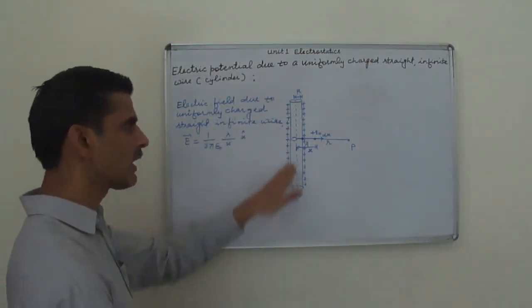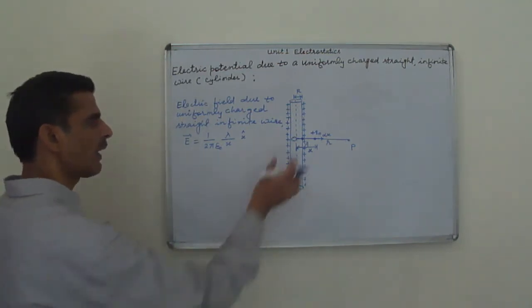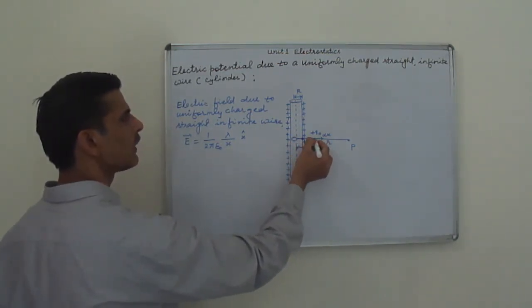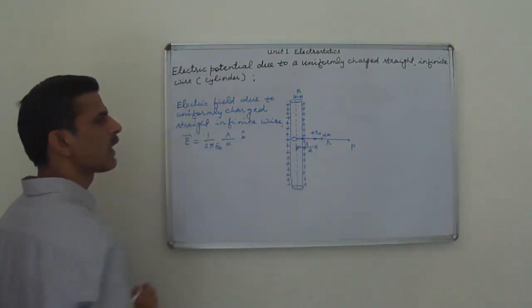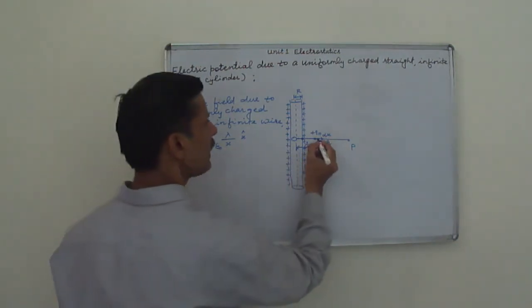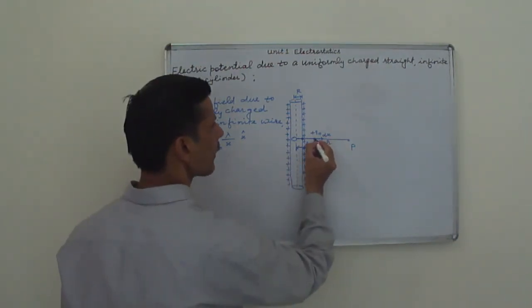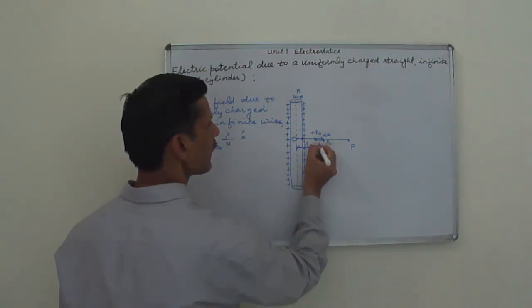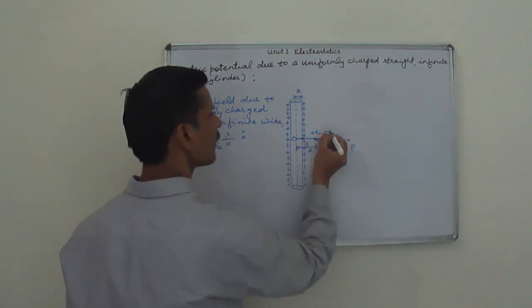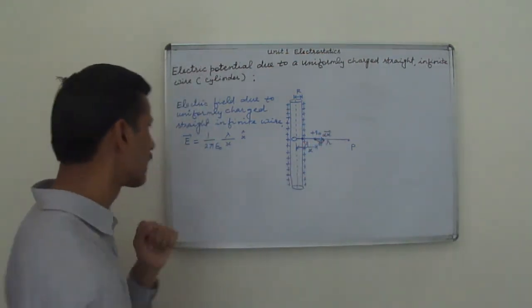Lambda is the linear charge density of this wire, and x is the distance of this point from the center of the wire. So here you see this is E vector, and E vector and dx vector are in the same direction.